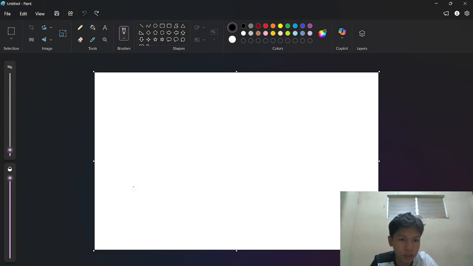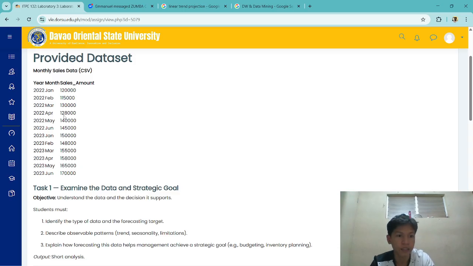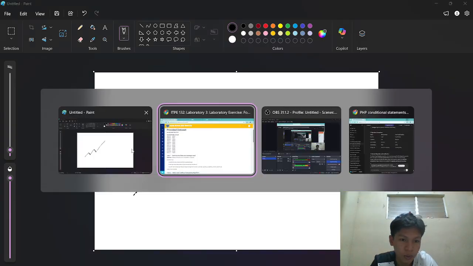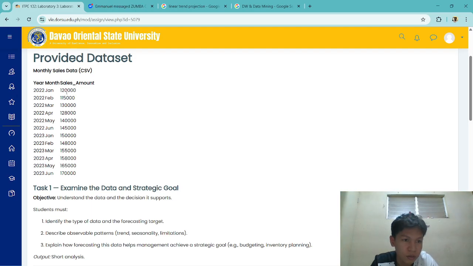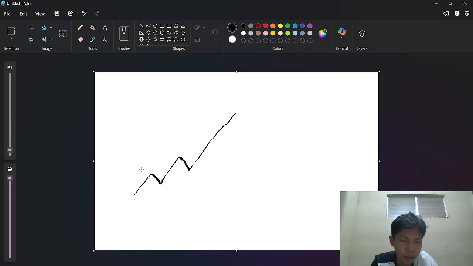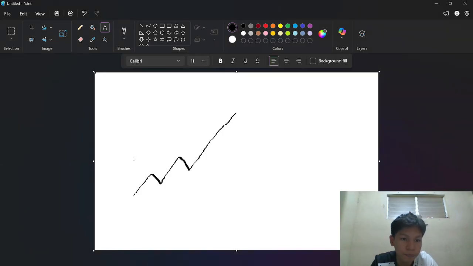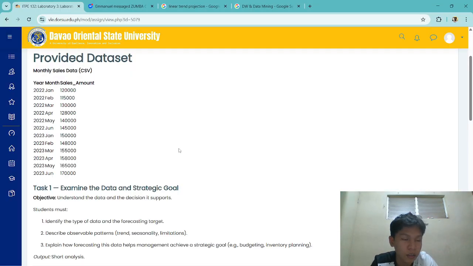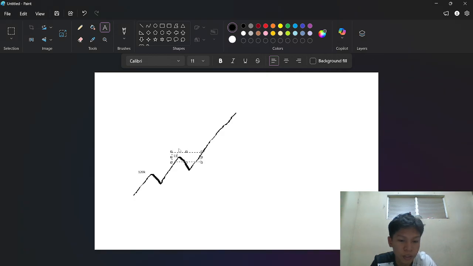If we graph it, it would be like this. This area would be 120K. This area would be 130K.